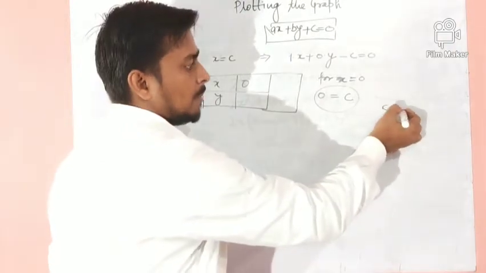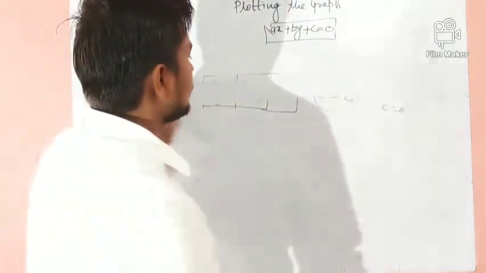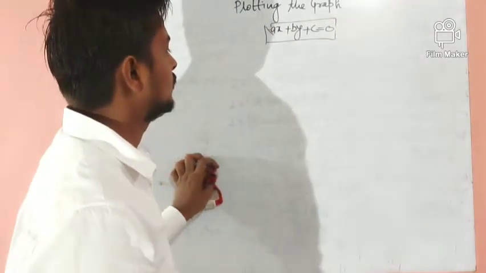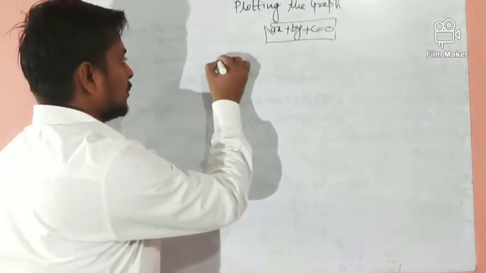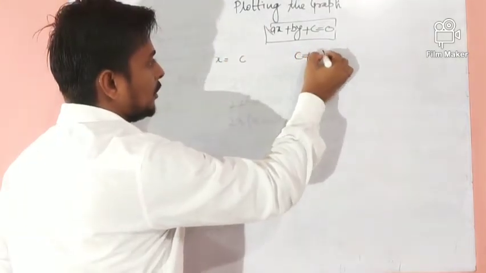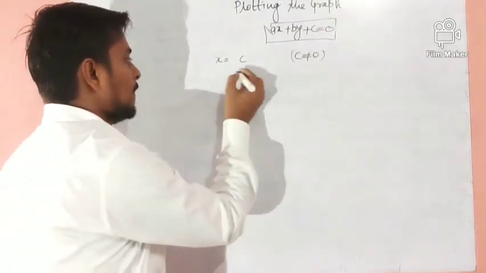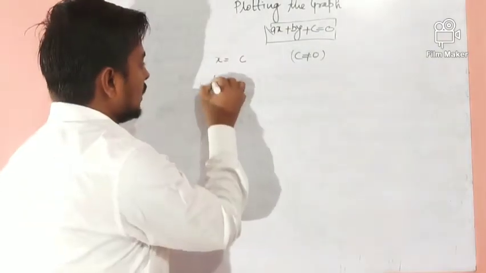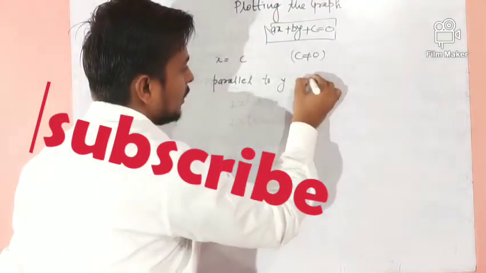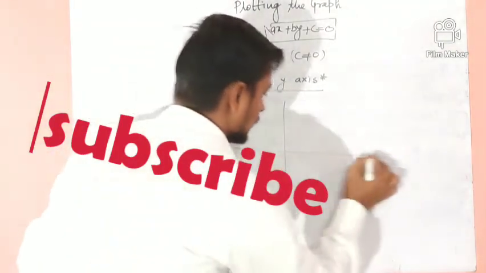Yes, c is equal to 0, but if c is not 0, then this is... Suppose this is x is equal to c and c is not equal to 0. This is the important thing, that c is not equal to 0. So the graph of this will be, just remember this, parallel to y axis. Parallel to y axis, how will the graph be?